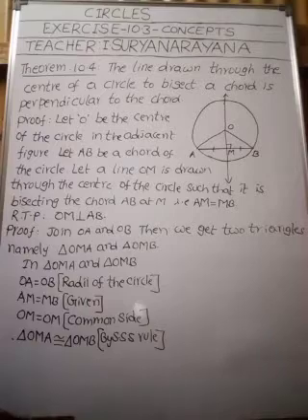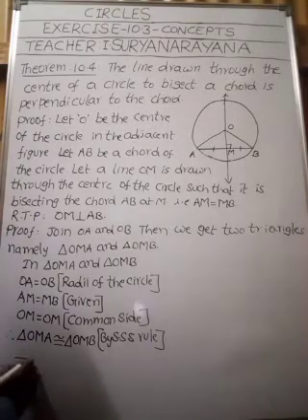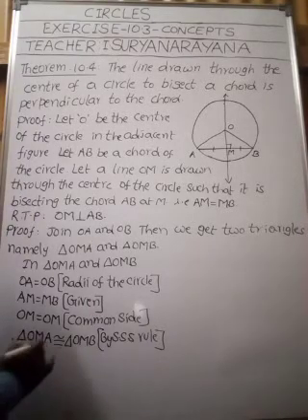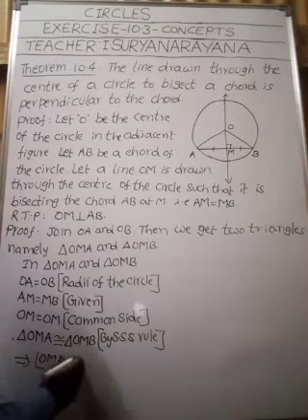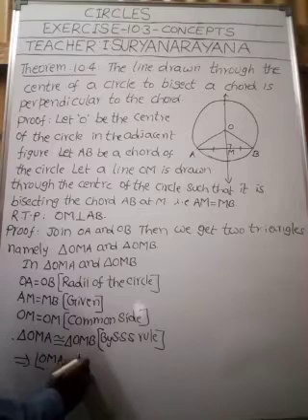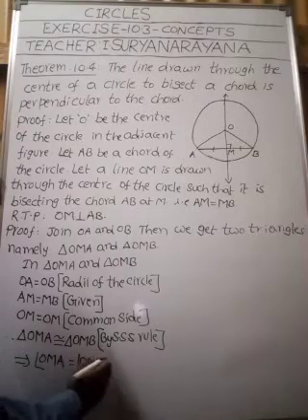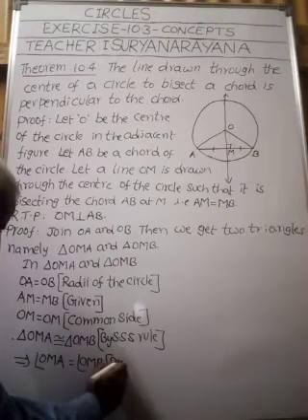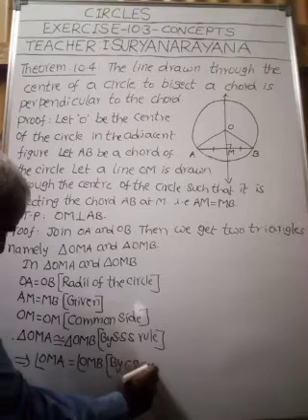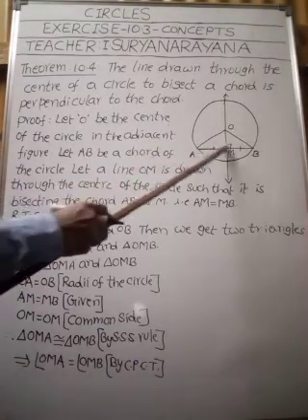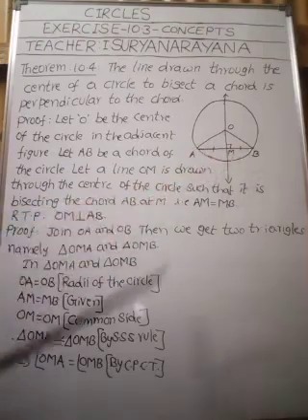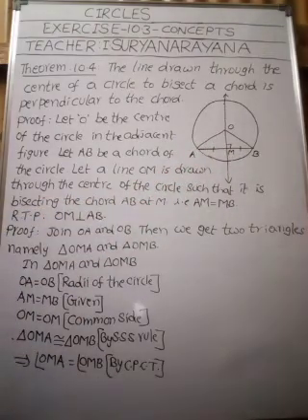This implies angle OMA is equal to angle OMB by CPCT. They are corresponding parts of the congruent triangles.